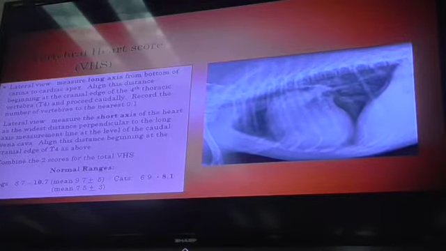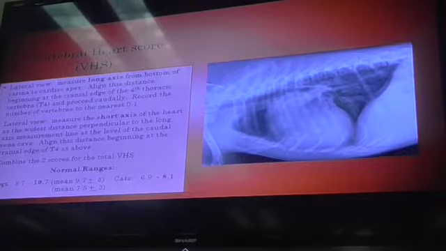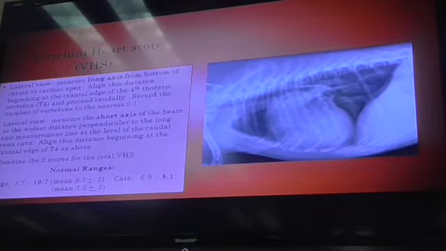You're going to have a long axis and a short axis. And then you want to be able to identify where the T4 vertebra is. Those are very key to how we're going to do this.